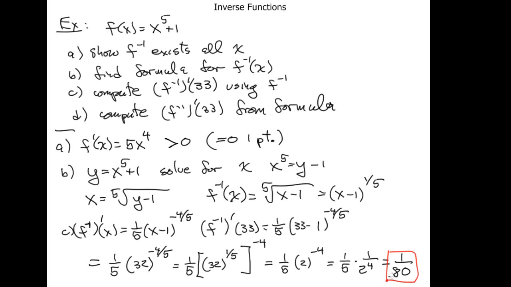Okay, that's part C. Finally, let's look at part D. Let's compute this using the formula. So the formula says that f of x is x to the fifth plus 1. f inverse prime of 33 is 1 over f prime at the point a, such that f of a is equal to 33.